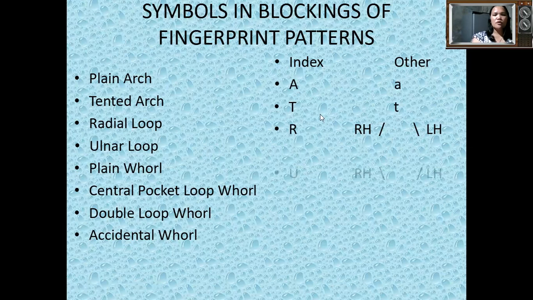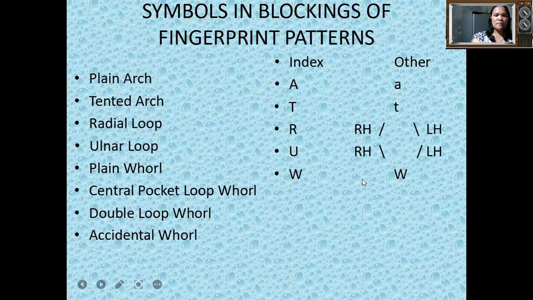For the ulnar loop, as usual for the index, it is capital U. For the other fingers on the right hand, this is the slant that you would see if it is an ulnar loop. But if it is on the left hand, this will be the slant.